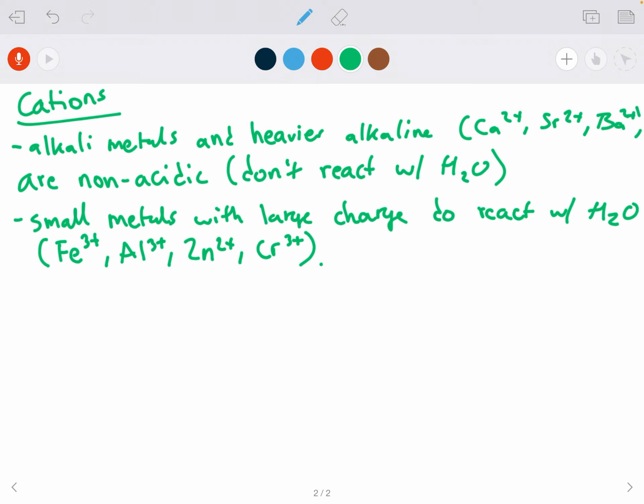Now what happens is the positive charge on the cation, on the metal, attracts the oxygens in water molecules. So you get what's called hydration to occur. So if I have iron 3+ here, it attracts actually 6 water molecules around it.